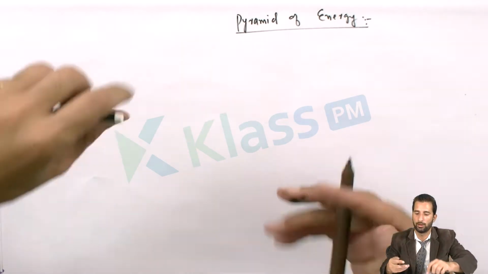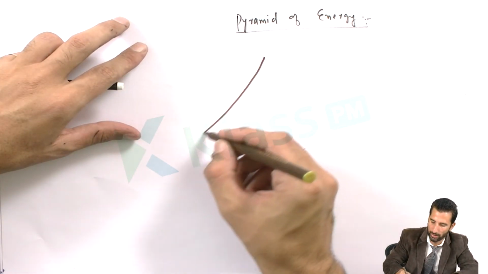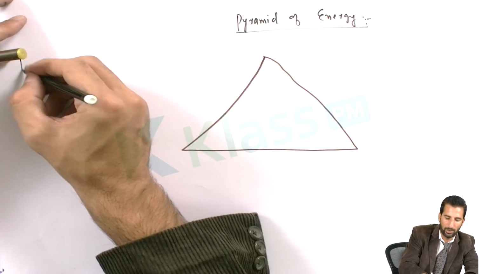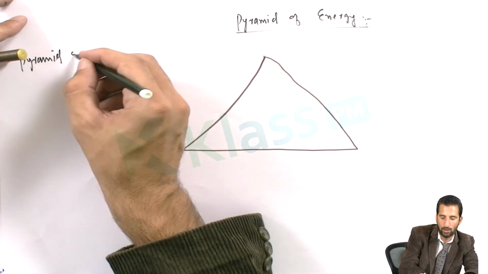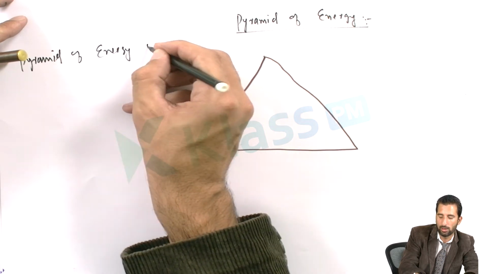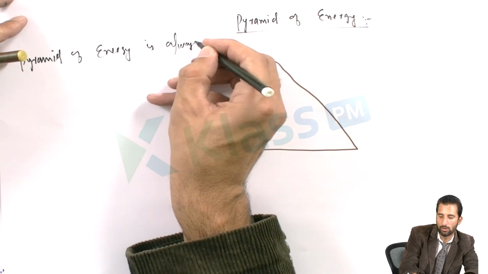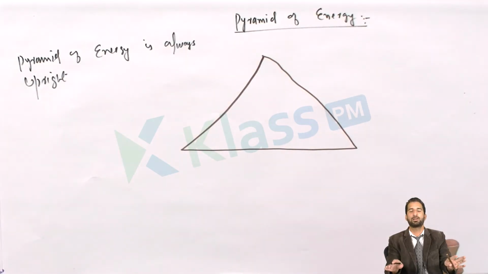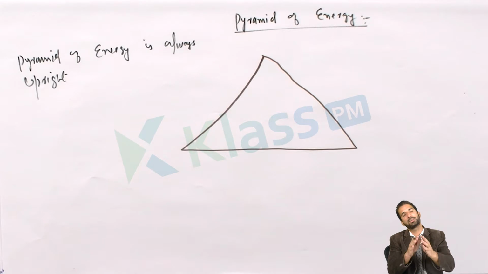I will draw it with the help of a diagram. First and foremost, please remember that the pyramid of energy is always upright. This is the universal truth.